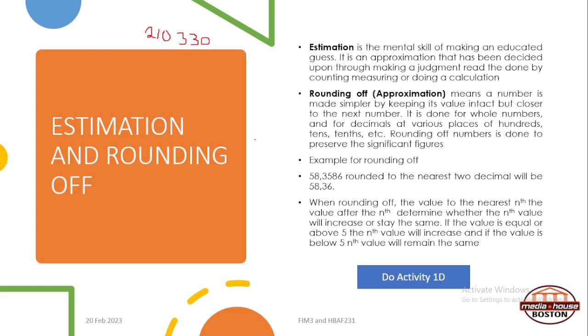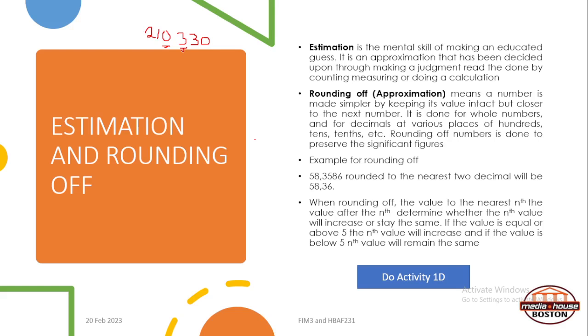If you were asked to round off the following number to the nearest thousand, you are going to count to see which value our thousand starts at. We're going to look at the value before the thousand: is it above 5 or below 5?